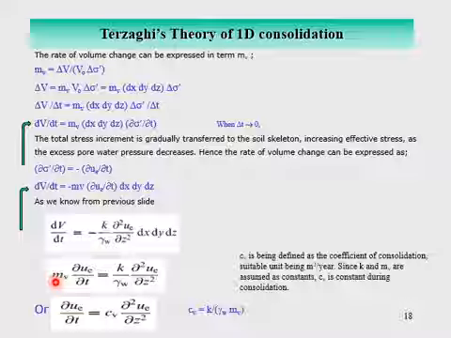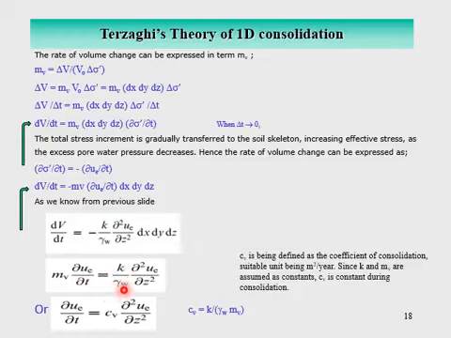If you bring m_v to the other side, that would become k over m_v gamma of water, which is c_v. What is c_v? It is called the coefficient of consolidation, and its units are meter square per year. And this is the differential equation that we were seeking, that we derived. This is called Terzaghi's one-dimensional consolidation equation.